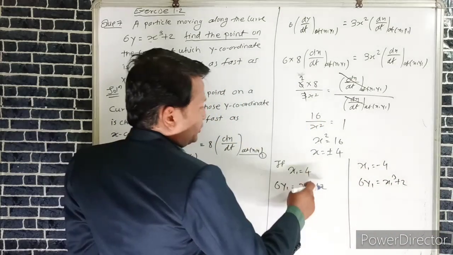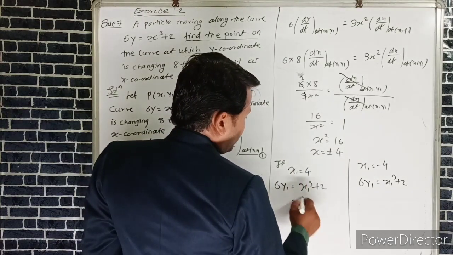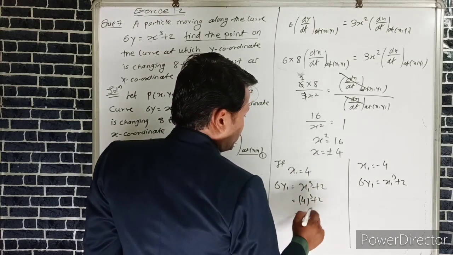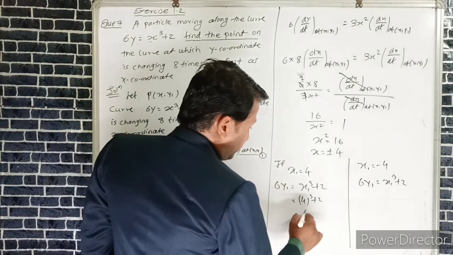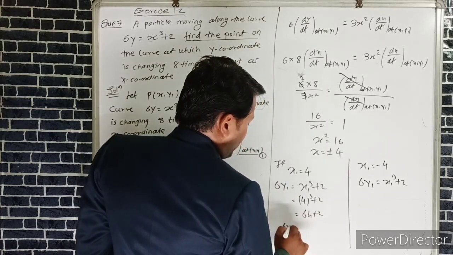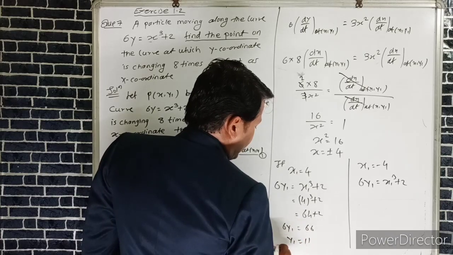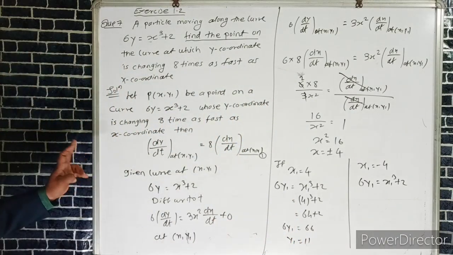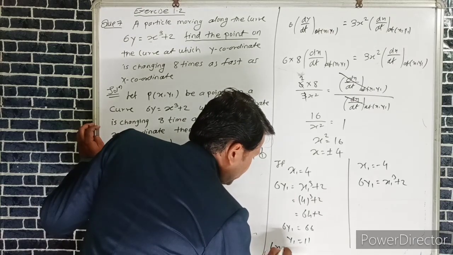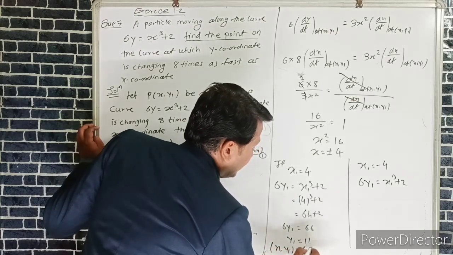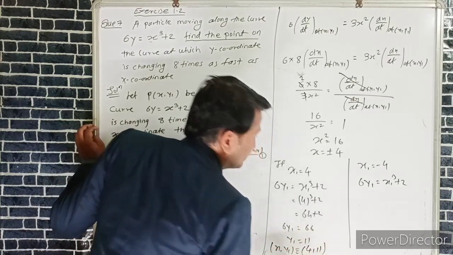The value of x1 is 4, so we can write 4 cube plus 2. 4 cube is 64 plus 2. 6y1 equals 66, so y1 equals 11. Hence, the required coordinate (x1, y1) is represented by (4, 11).